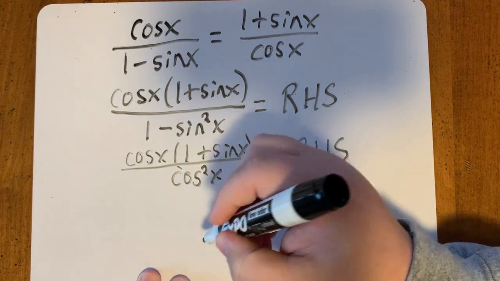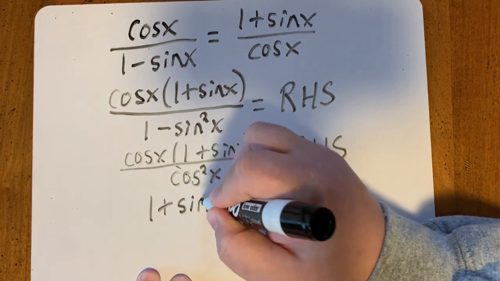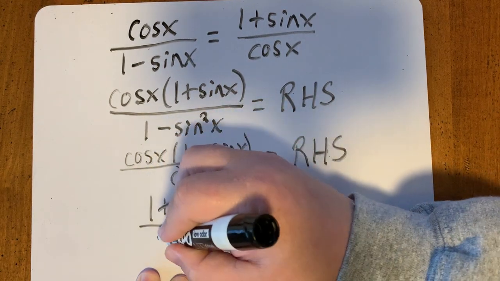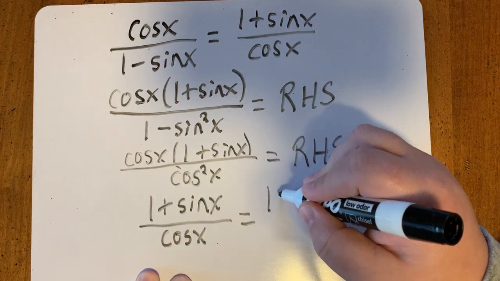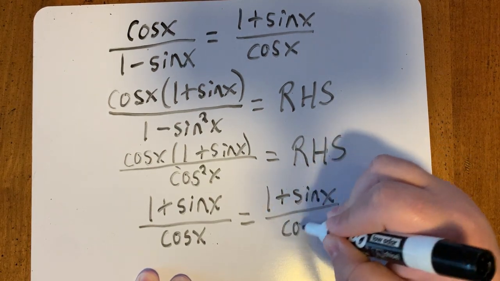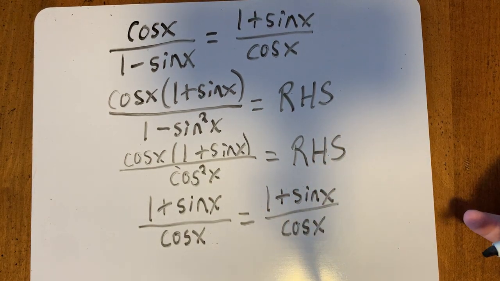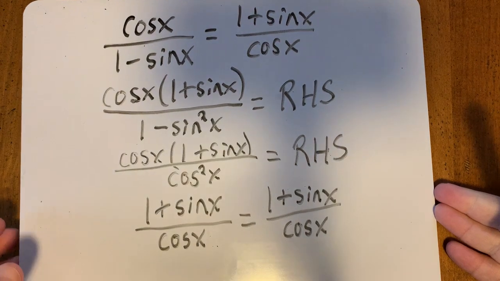So one of them divides off, leaving us just the 1 plus sine of x in the numerator and the cosine of x in the denominator, which looks pretty familiar because that's what we wanted. All right, so if you recognize that you can create the difference of squares using a conjugate, do it.